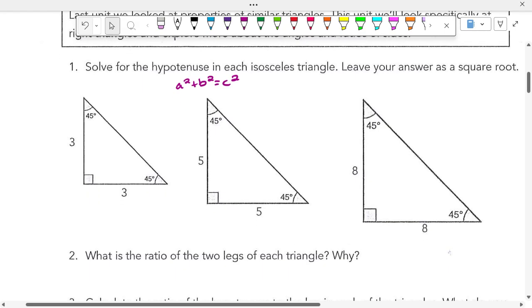Now, notice how both of these sides are congruent. And that's true because they're both across from the same measure of angle. Sides that are opposite of congruent angles in a triangle are always congruent. That's just a known fact. So how would I set up the Pythagorean theorem for this first one?